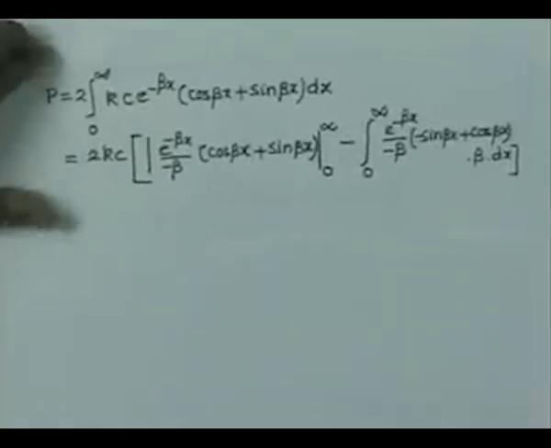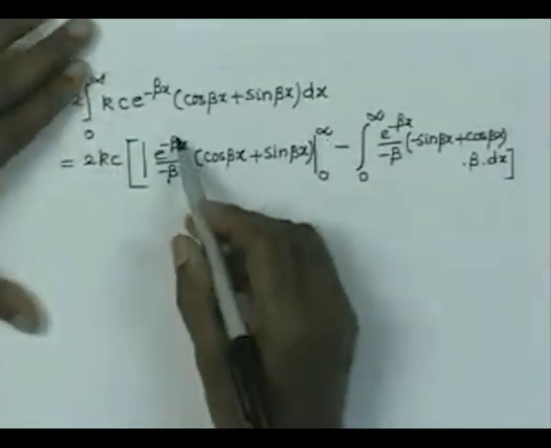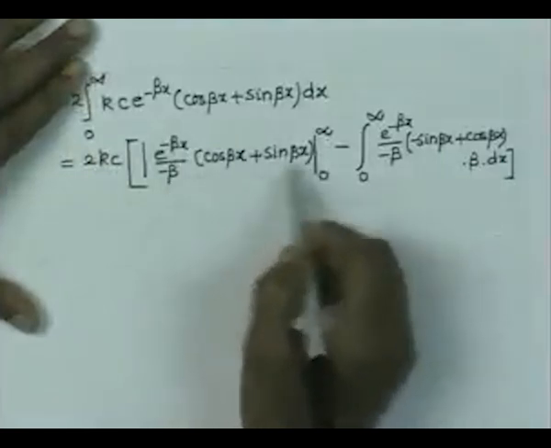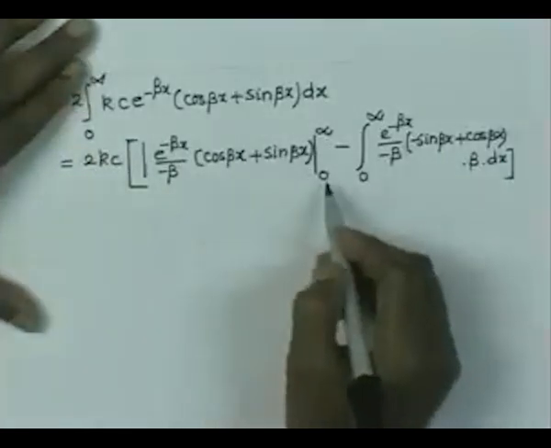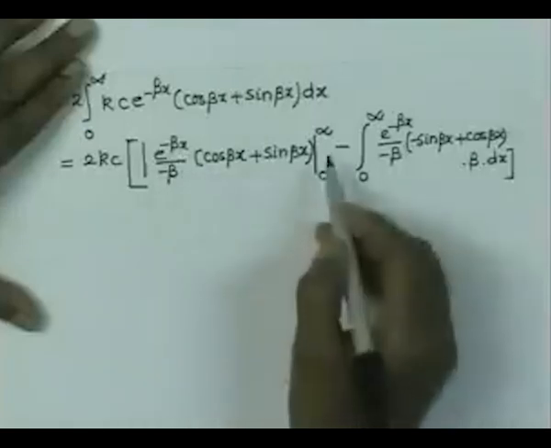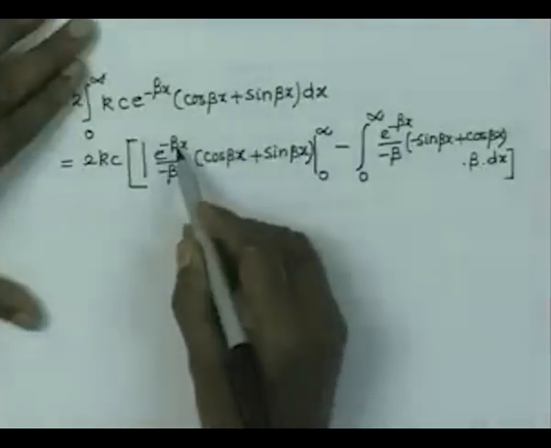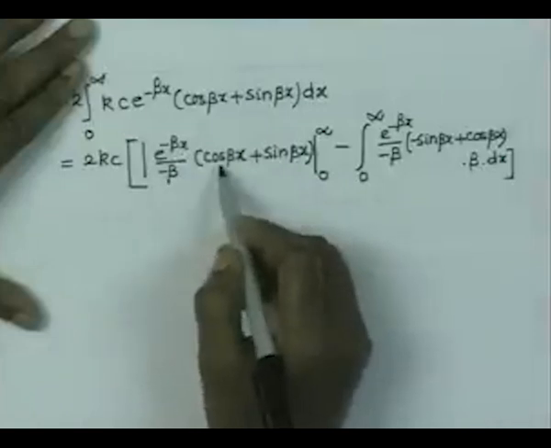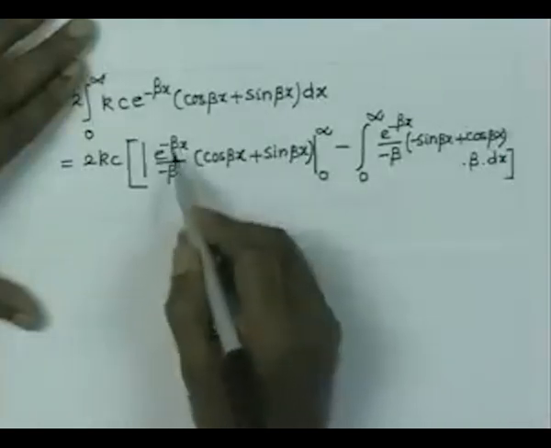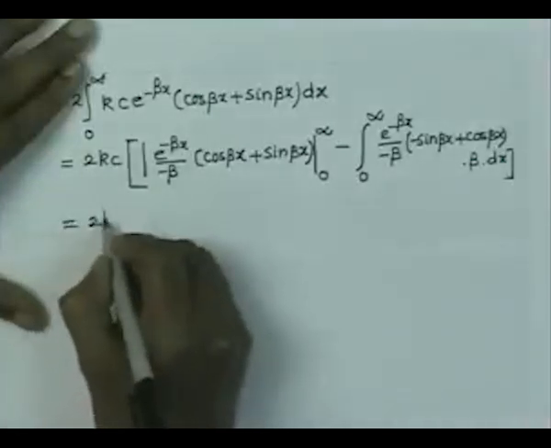And now if you try to evaluate this thing at infinity, e to the power minus infinity will become 0. So, therefore, this gets knocked off, and then if you try to evaluate at 0, this is unity and it is going to be minus this quantity at x equal to 0. So, this will become unity and this is 1 by beta, and this is going to be 1, this is 0. So, therefore, it is minus 1 by beta, and that minus minus will give us plus 1 by beta.